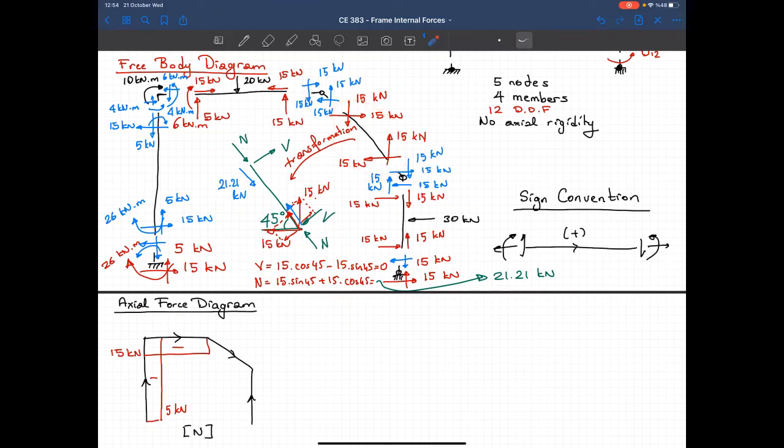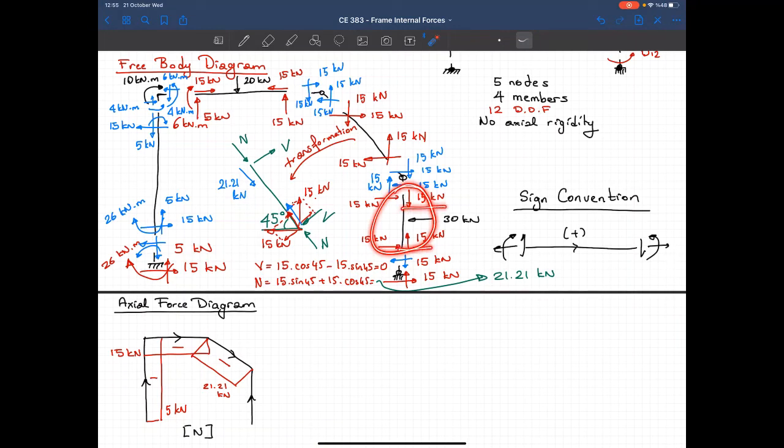We just calculated that it's under compression, and the magnitude is 21.21. So let's draw it. Minus, and the magnitude is 21.21 kilonewtons. And our last member is this one.